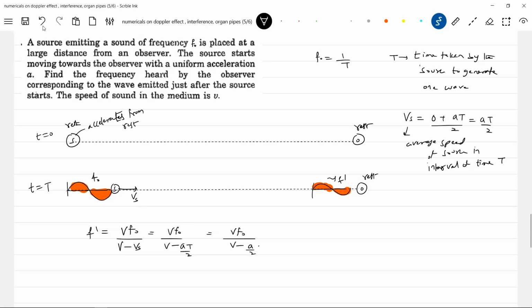What is T? T will be 1 by f naught. Now this 2 also should be there. So this is the apparent frequency heard by the detector, corresponding to the wave generated just after the source starts.